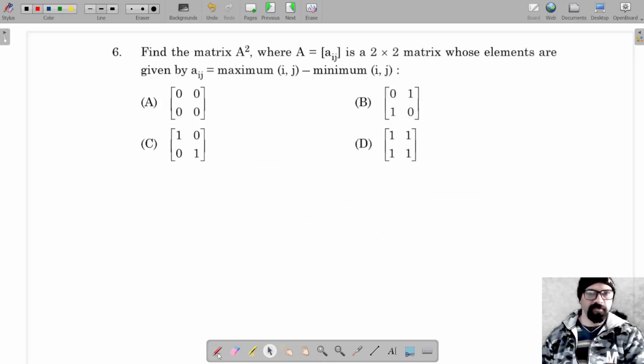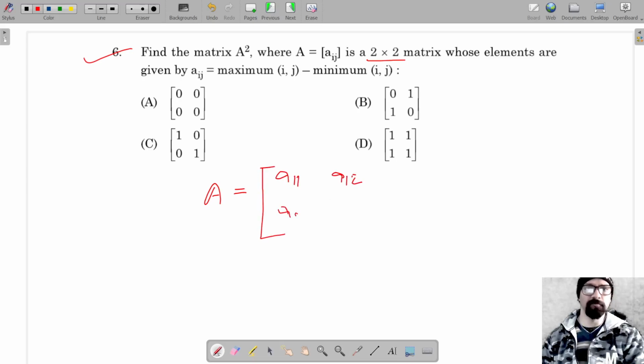Okay, for question number 6, we have to find the square of the matrix A, where A is equal to Aij, which is a square matrix of order 2 whose elements are given by this. So actually, A matrix is a square matrix of order 2, so it has 4 elements: A11, A12, A21, and A22.